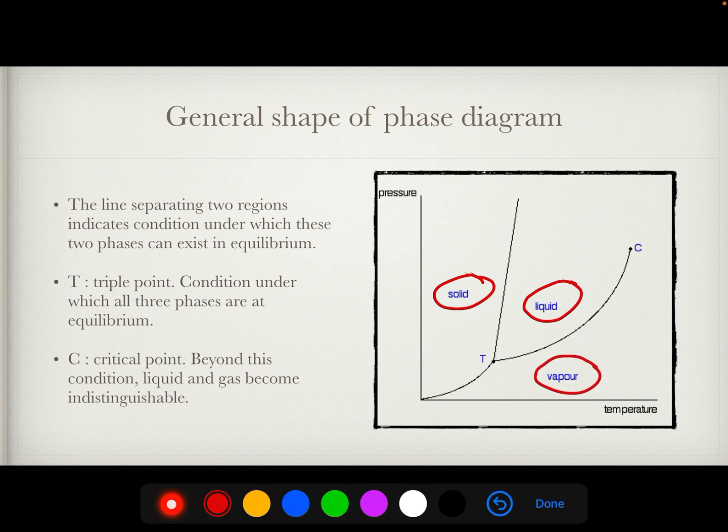There are a few lines that are important in this phase diagram.